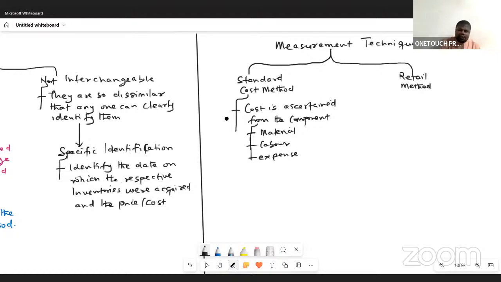In commercial accounting, we will say that the cost is ascertained from what you call the standard cost card.